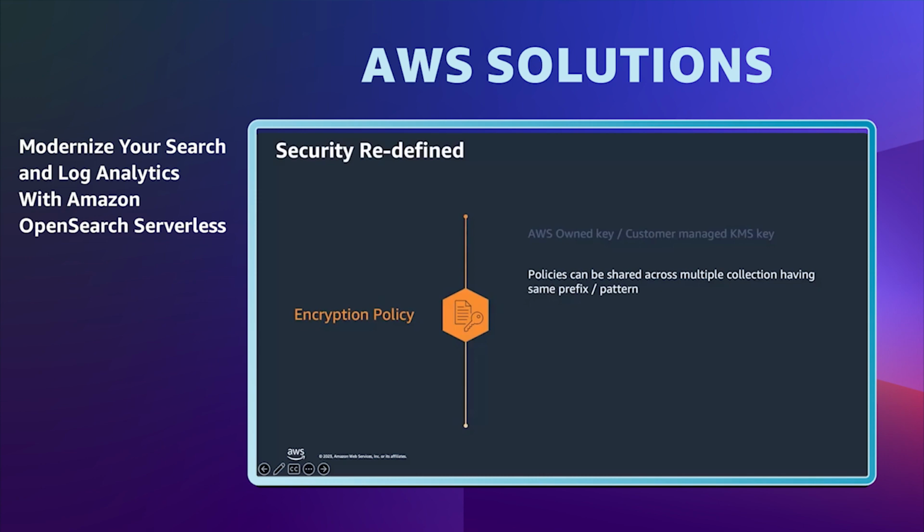Or maybe you can have just one policy, say a wildcard collection encryption policy, that will be applied to all the collections. Then they would be shared if they are using the same encryption key. That is the reason whenever you create a new collection with a unique KMS key, it will require its own 4 OCUs. But if you use the AWS owned key, then all collections will share the same key, which means all OCUs using the AWS owned key would be shared at the account/region level.